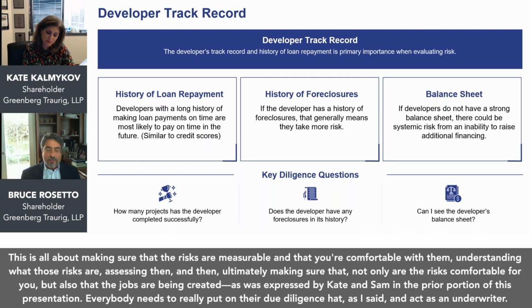So this is all about making sure that the risks are measurable and that you're comfortable with them, understanding what those risks are, assessing them, and then ultimately making sure that not only are the risks comfortable for you, but also that the jobs are being created, as was expressed by Kate and Sam in the prior portion of this presentation. So everybody needs to put on their due diligence hat, as I said, and act as an underwriter.